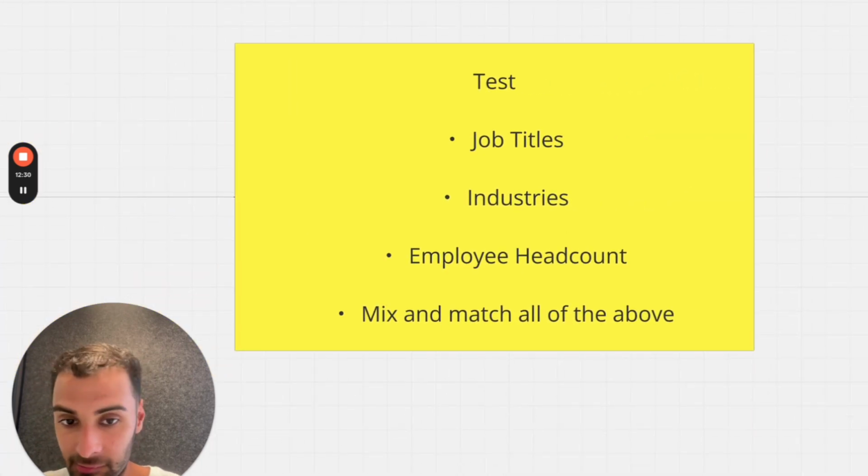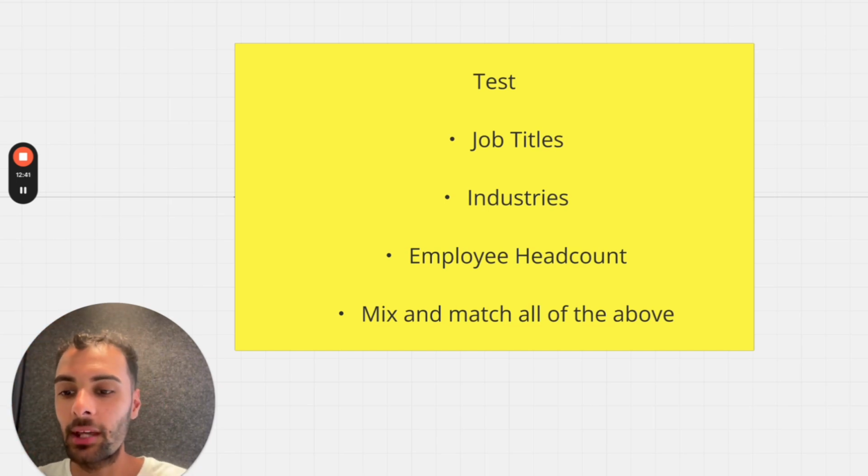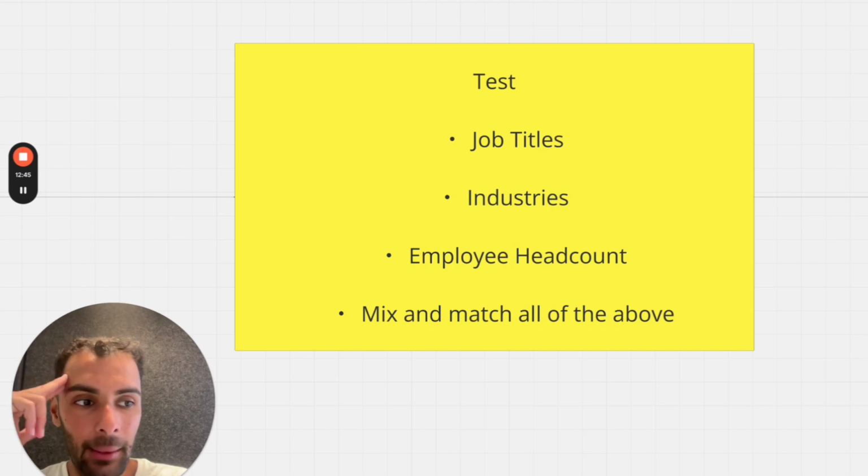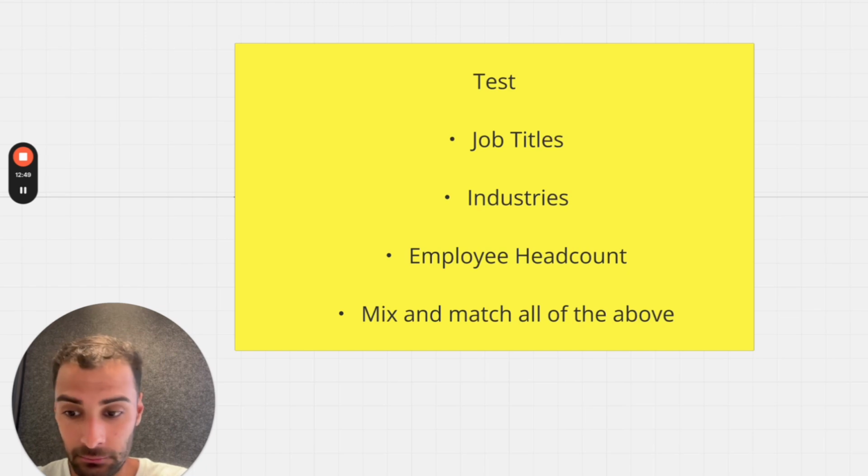And here I have test job titles, test different industries, test different employee headcount, and mix and match all of these above, right? It's not just industries. Obviously, industry is the biggest example I can give you. But if you usually work with CMOs, but then you find out that, okay, maybe the marketing coordinator is better for me. Who knows? Maybe you don't know till you test, right?